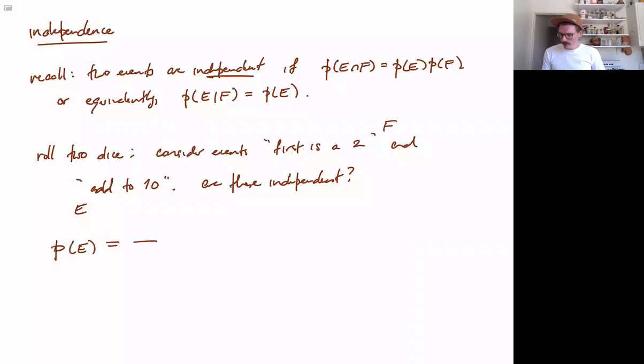So out of 36 possible outcomes for 2 dice, how many ways are there to get 10? We can get, let's see, 4 plus 6, or 5 plus 5, or 6 plus 4. So we should get 3 over 36, or 1/12. This is the probability that the dice add to 10, because it's these 3 out of 36 outcomes.